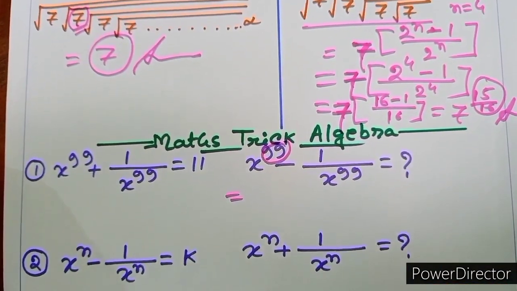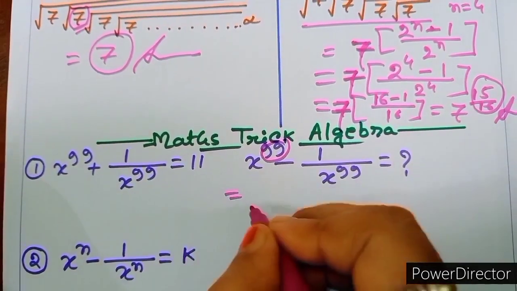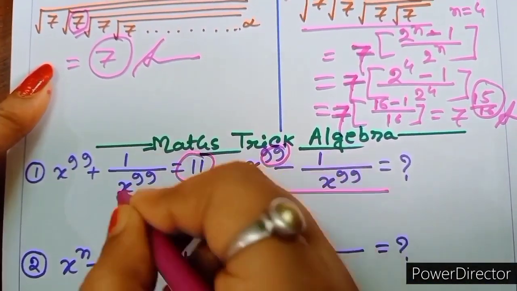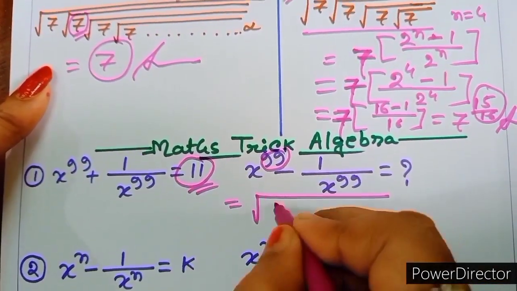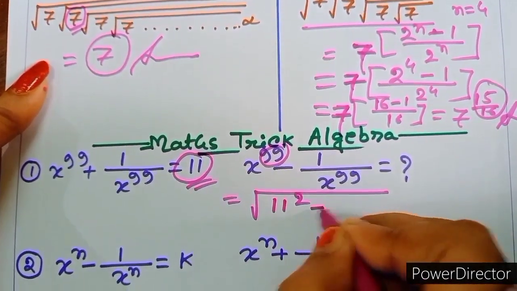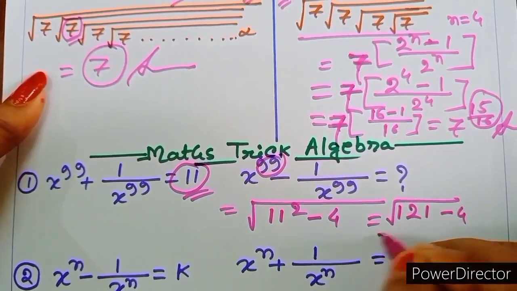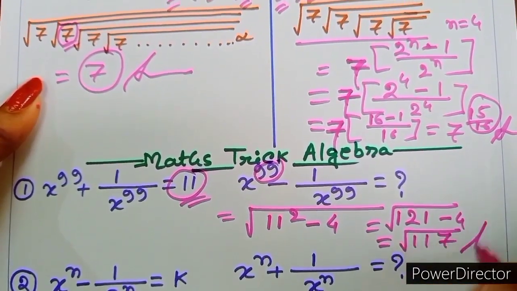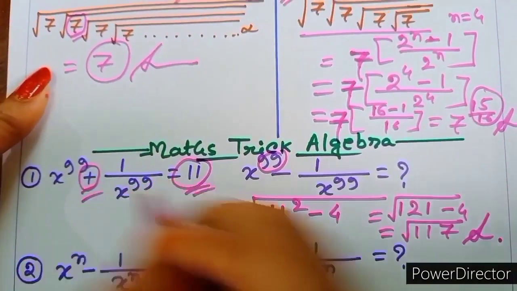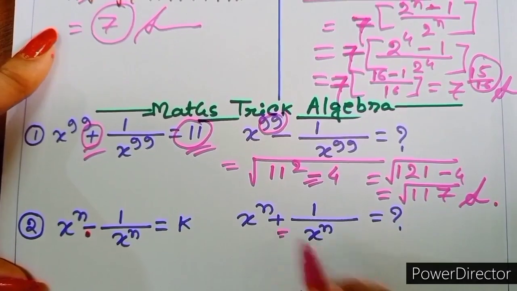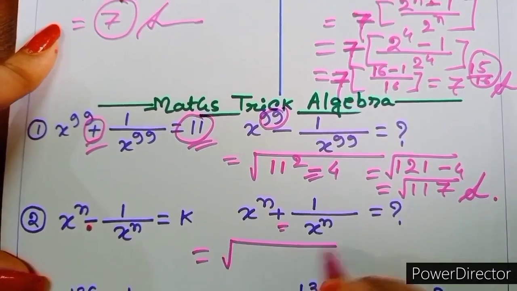We just remind: root of whatever digit is given, squared, minus 4. Means 11 square minus 4, means root 121 minus 4 equal to root 117 is the answer.